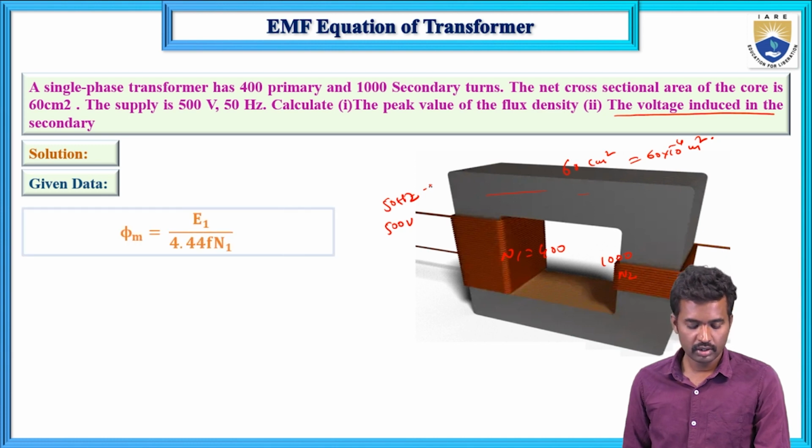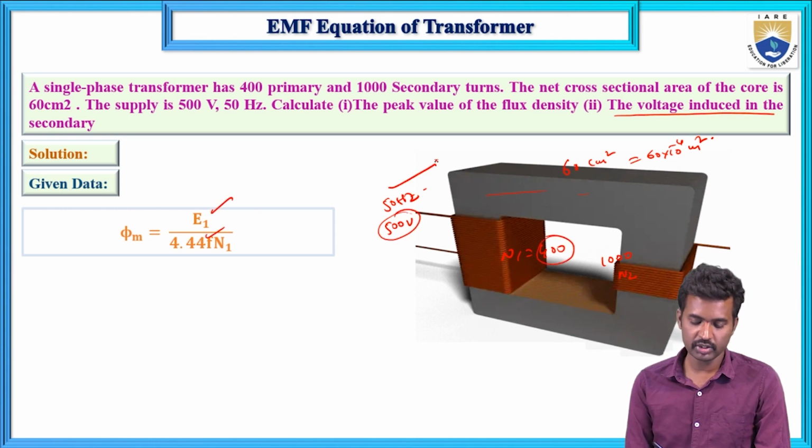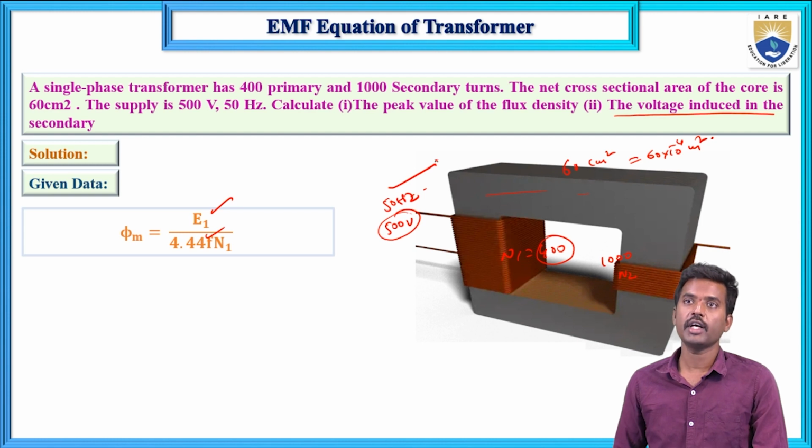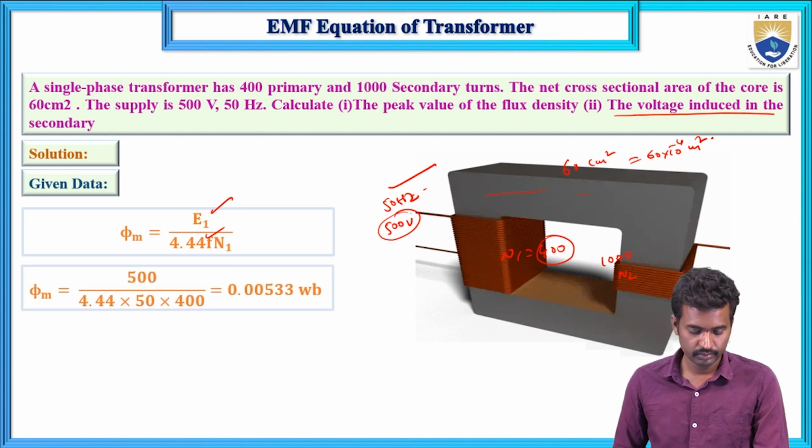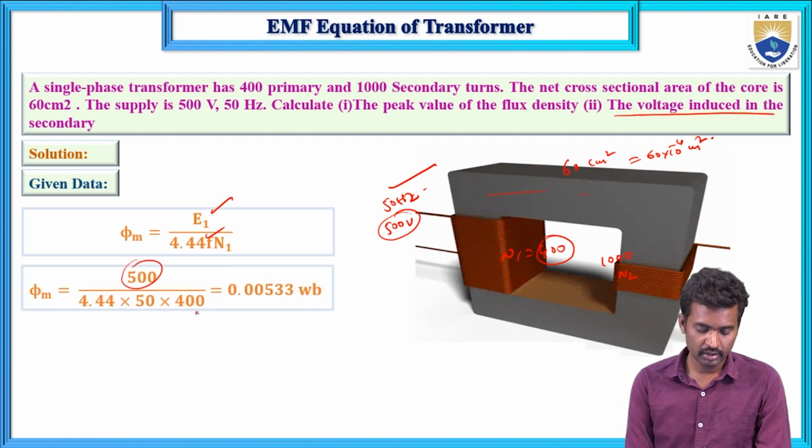Now here phi m equals E1 by 4.44 F N1. So E1, N1 and the supply frequency. From this you can calculate the maximum value of flux. This is E1.